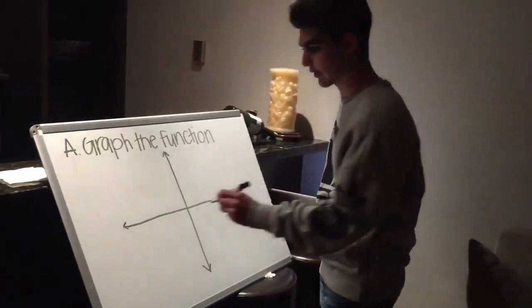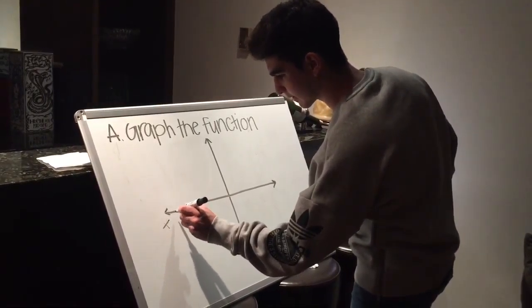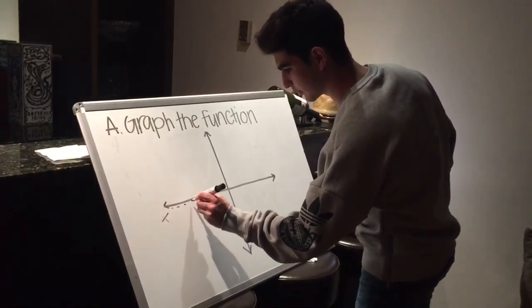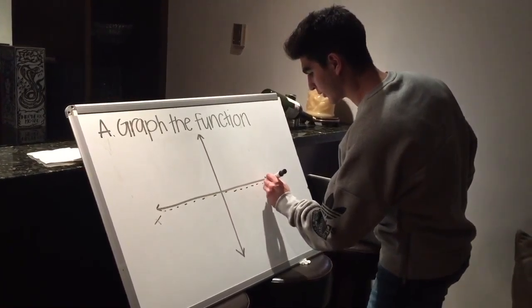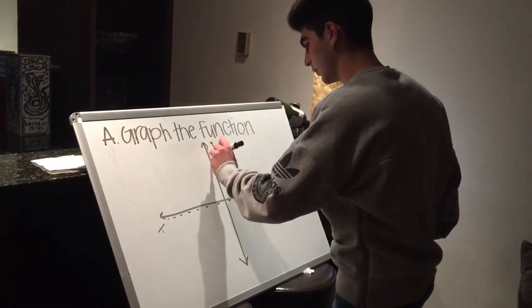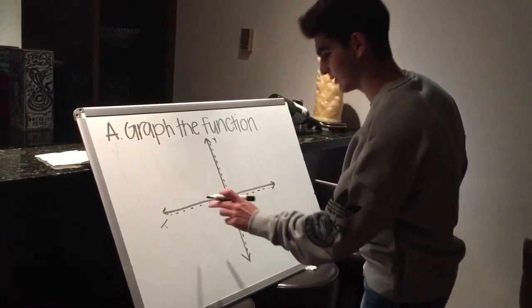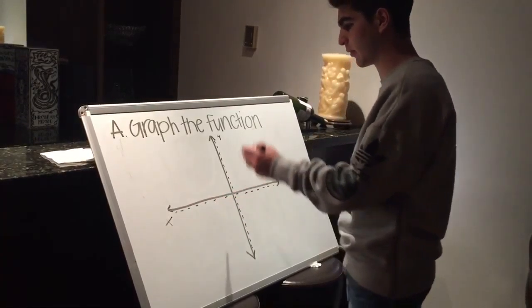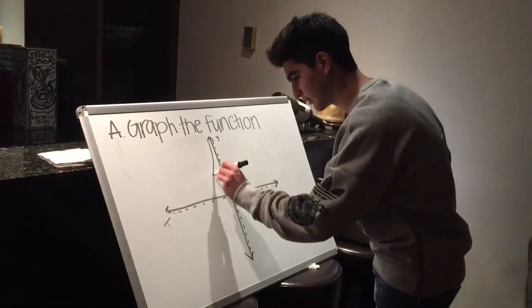In this case, the graph had an asymptote at the x-axis, at x equals 0, and it also had an asymptote at the y-axis at y equals 0. So the line never touches these axes, and the graph goes a little bit like this.